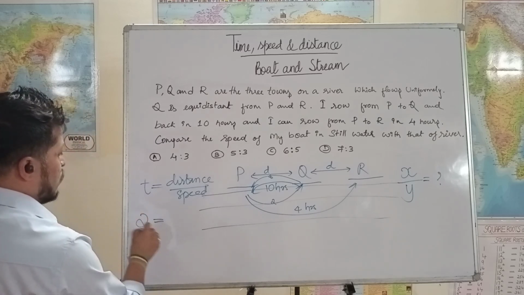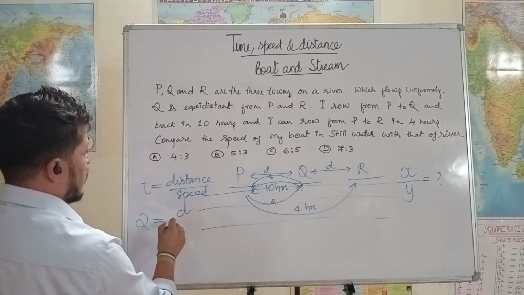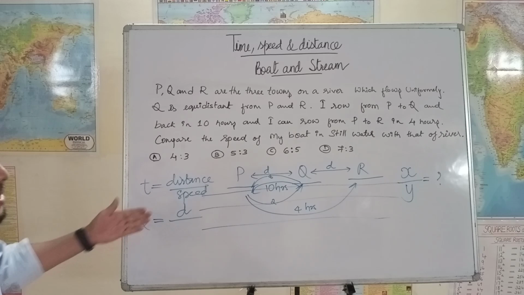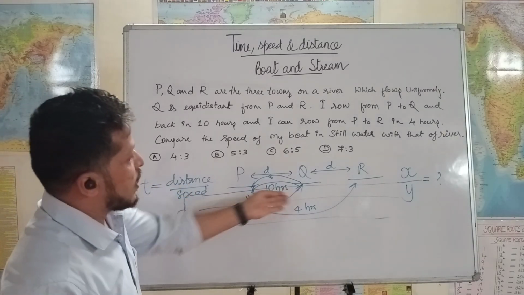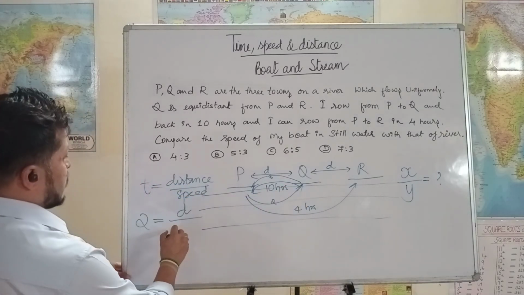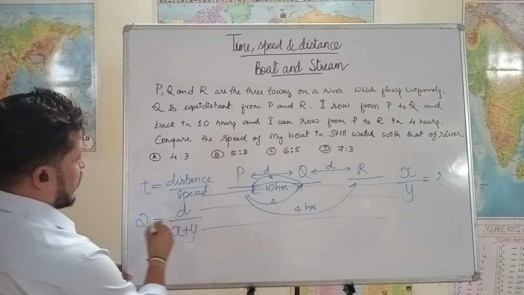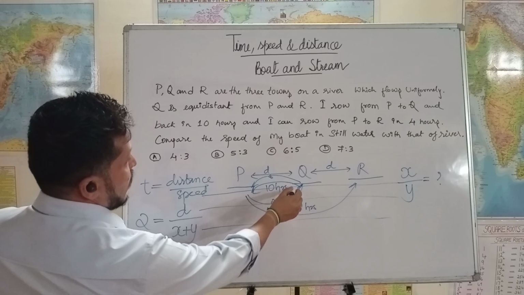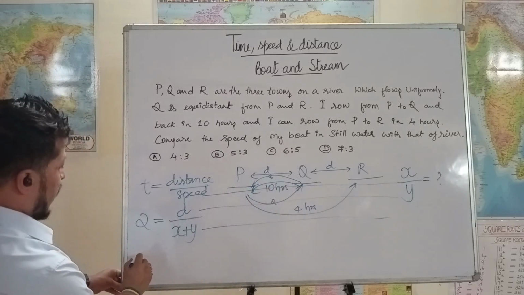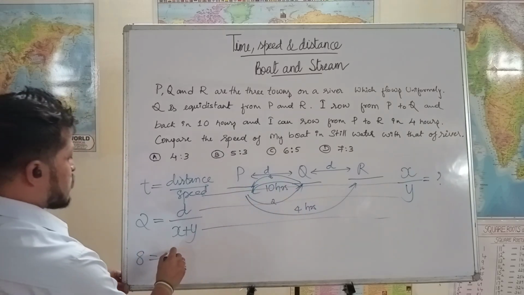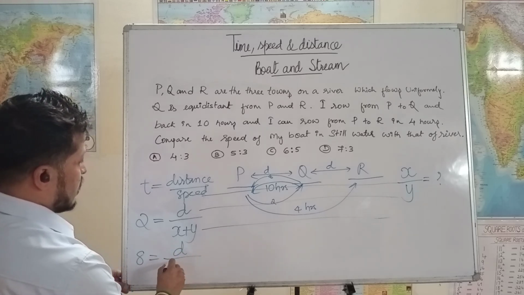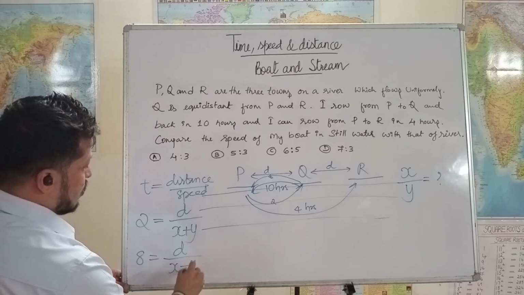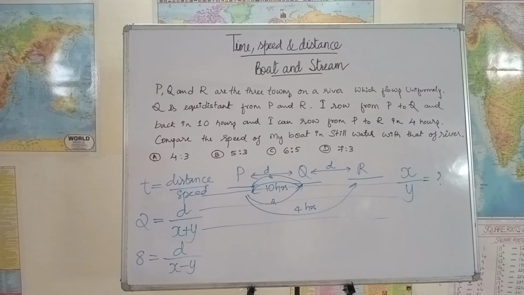So 2 is equal to d, the distance traveled, by the speed, which is x plus y, because it's onward. Next, while returning, we took 8 hours, which is equal to d, the same distance, by x minus y, correct?